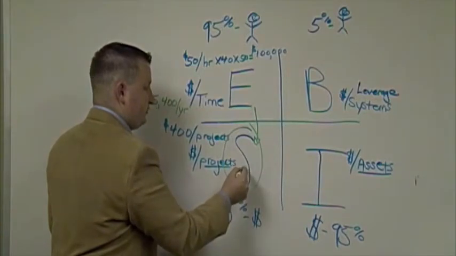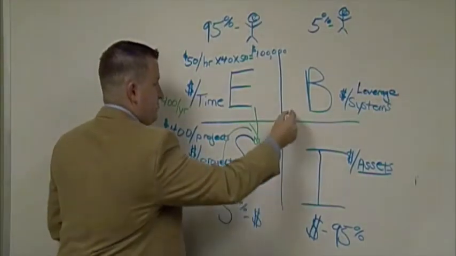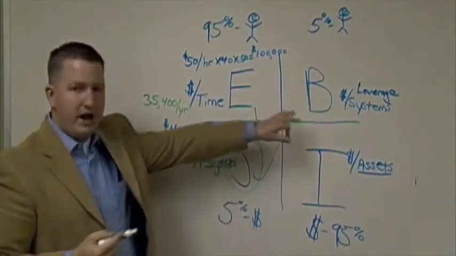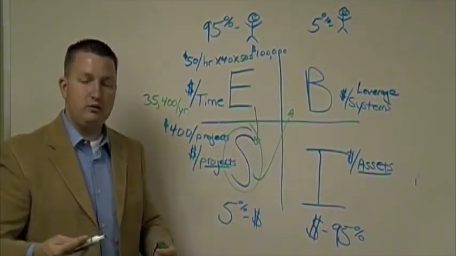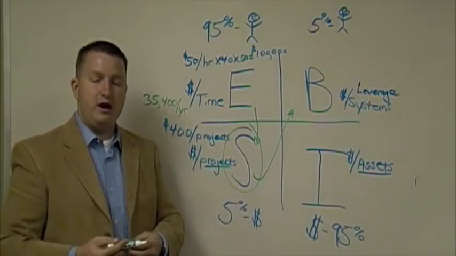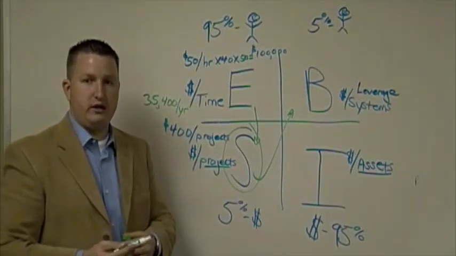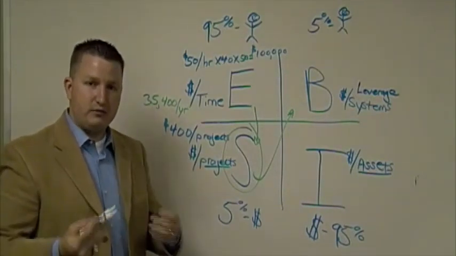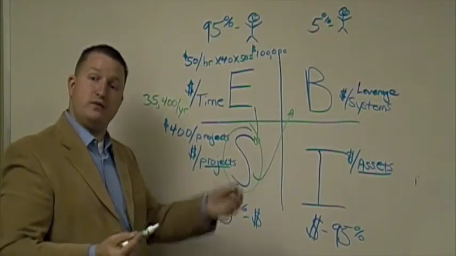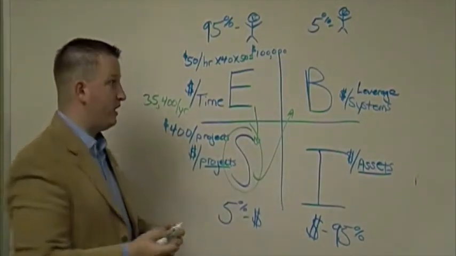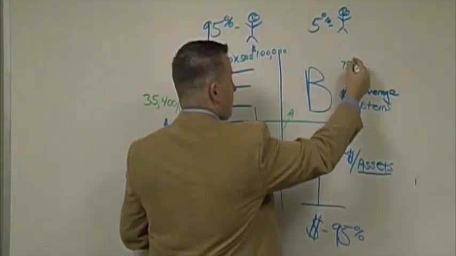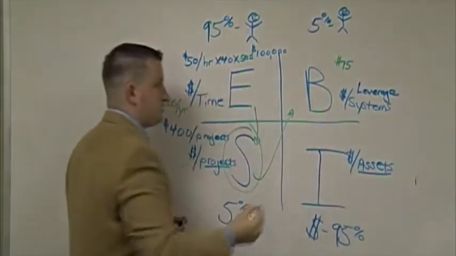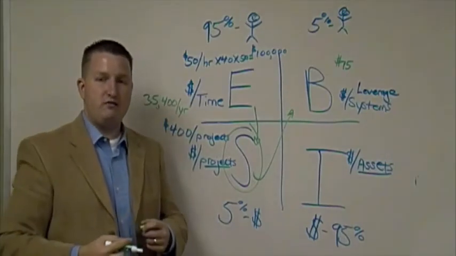So I thought differently to get to being self-employed, but then making the transition to where I was actually a business owner, where I had leveraged systems, where I was working with a company where I could get paid on a leveraged compensation plan, where I could get paid for setting up the systems in my business. Let me tell you about a business that I've set up. I have a management company, and on that management company, every time we perform a service, we get paid $75.